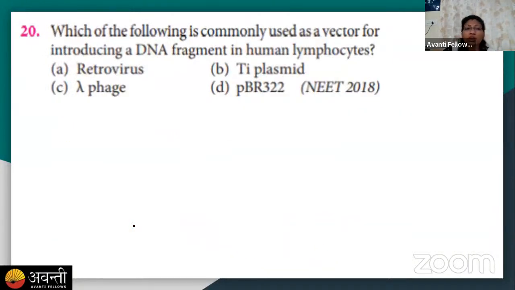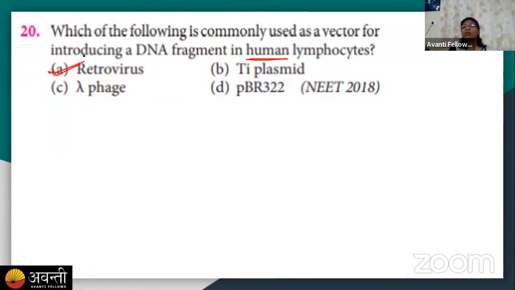Now your next question: which of the following is commonly used as a vector for introducing a DNA fragment in human lymphocytes? Oh, such a quick answer. Very good. As we are talking about humans, we use two types of vectors: Agrobacterium tumefaciens for plants, and for humans we use retrovirus.